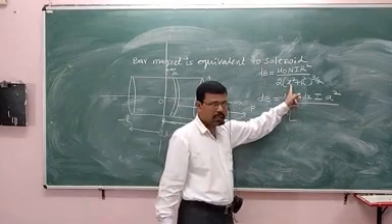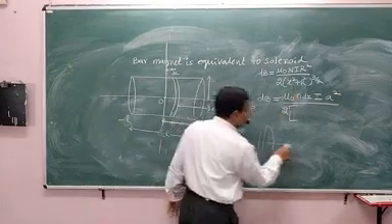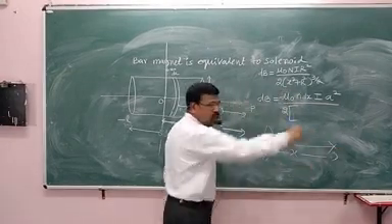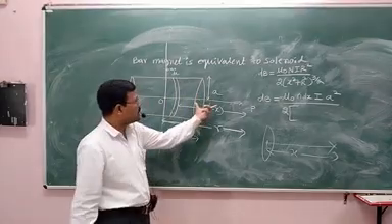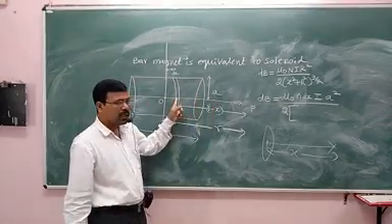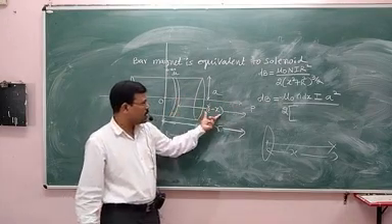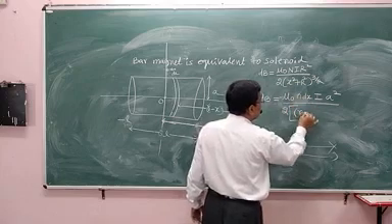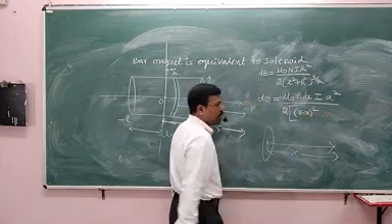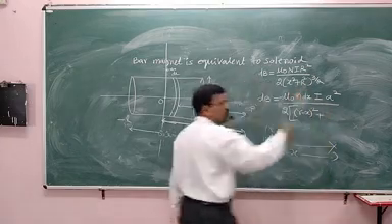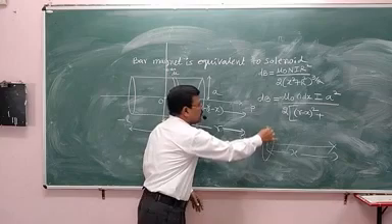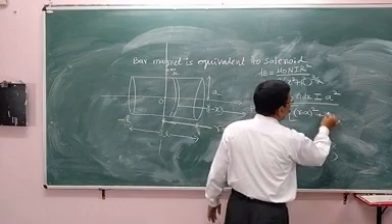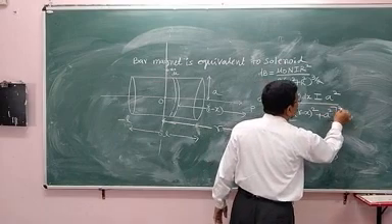What is this x? x is the distance from center to the point P. From the center of the coil to the point P is r minus x. So in place of x I am writing r minus x whole square plus a square, raised to 3 by 2.